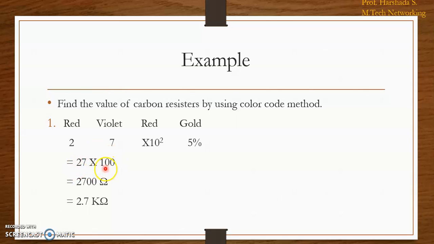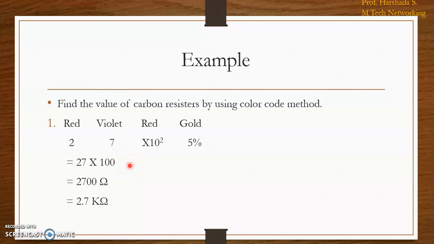Then multiply 27 by 100, that is 2700. The unit of the resistor is what? Ohm. So that's why I give here the ohm unit. Then we convert that into K, so I write here 2.7 kilo ohm. So this is your first example. You have to solve this type of example this way.